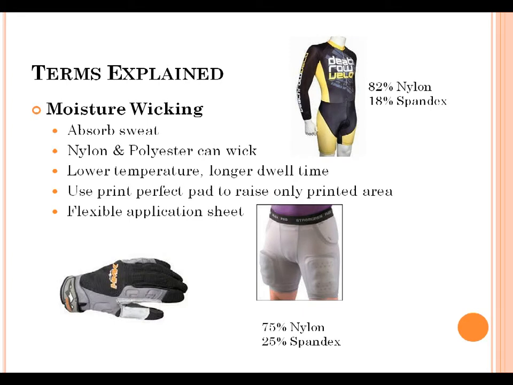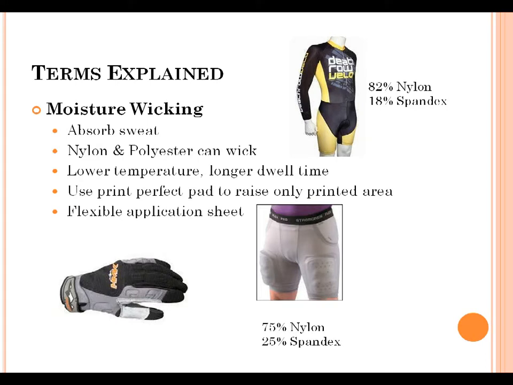Both nylon and polyester have the capacity to wick moisture. So moisture wicking is really a process that the garment can do more than it is an actual garment. This term alone has absolutely no effect on the adhesion of any printing process, but is a natural ability of some fibers.